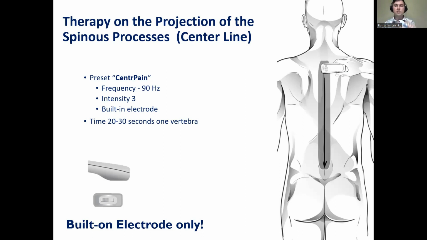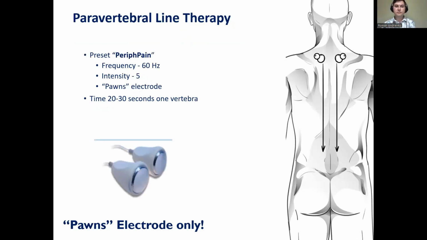When we work with peripheral pain, when we work with paravertebrals, we may use either the built-in electrode, the pons, the conductive gloves, whatever. We can use the split electrodes. And peripheral pain here is combined with the frequency of 60 hertz, intensity 5, and any type of electrode.